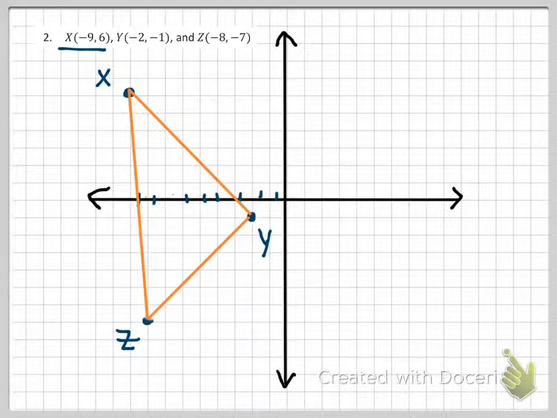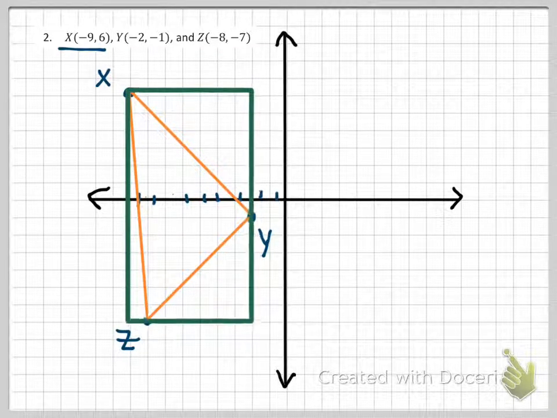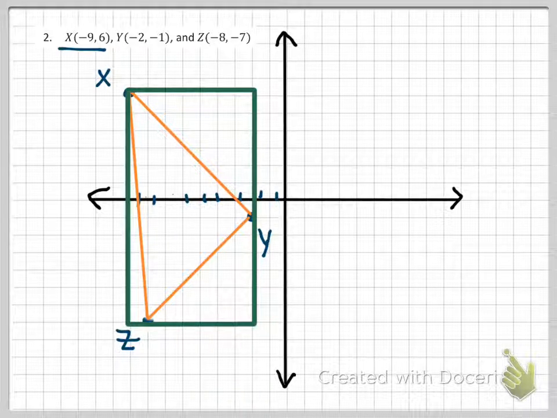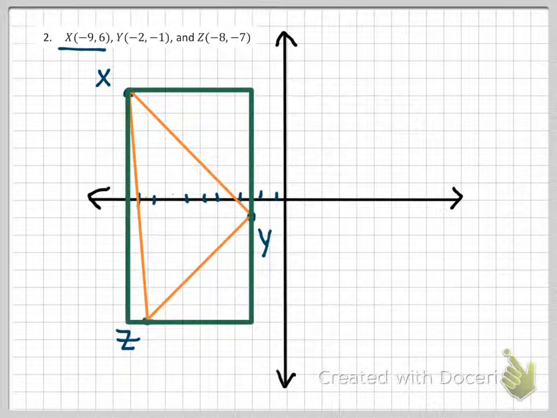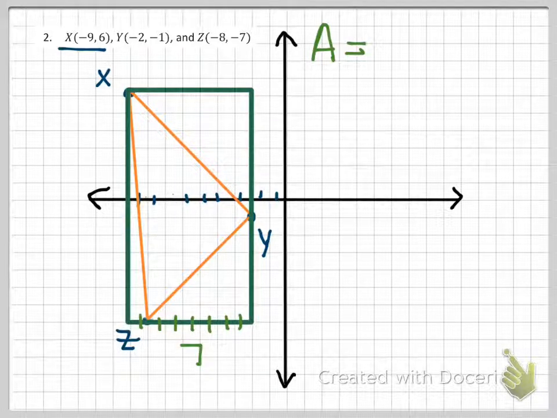What I'm going to want to do is this. I want to compose a rectangle that encompasses the entire figure. Once I do that, I can find the area of the rectangle. So we'll do the area of the rectangle first. Area of the rectangle is equal to length times width. So 1, 2, 3, 4, 5, 6, 7 is the width.